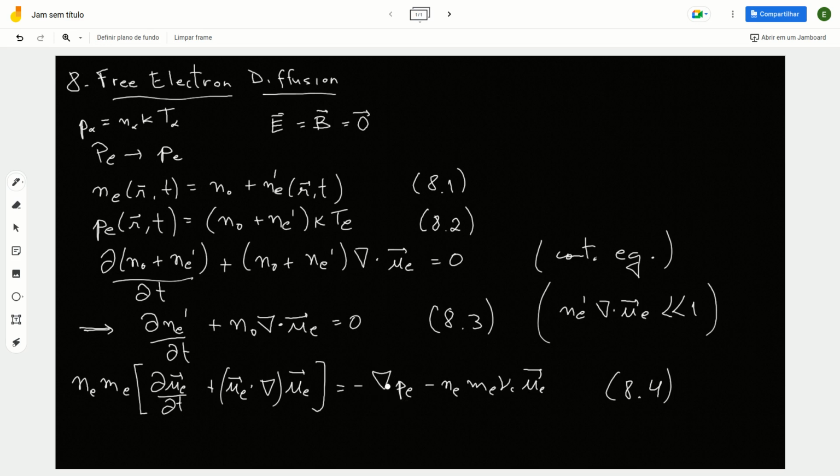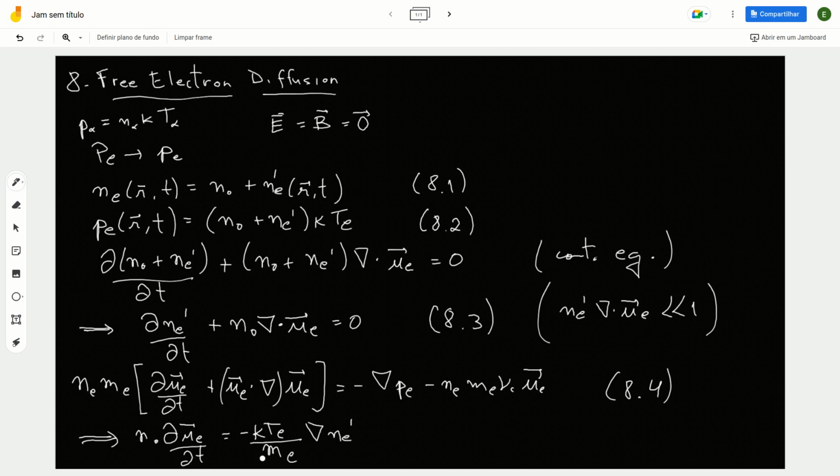For the pressure we can use the state equation again, and using this relation we have this. So here is the gradient of pressure.